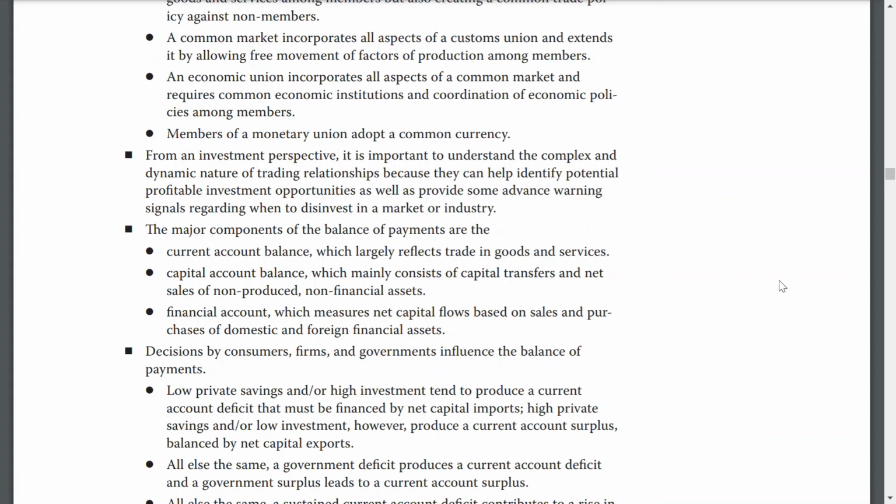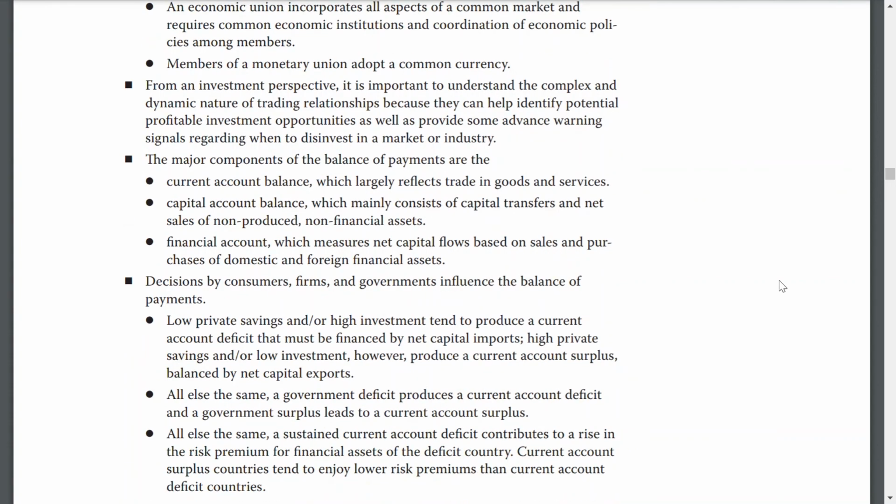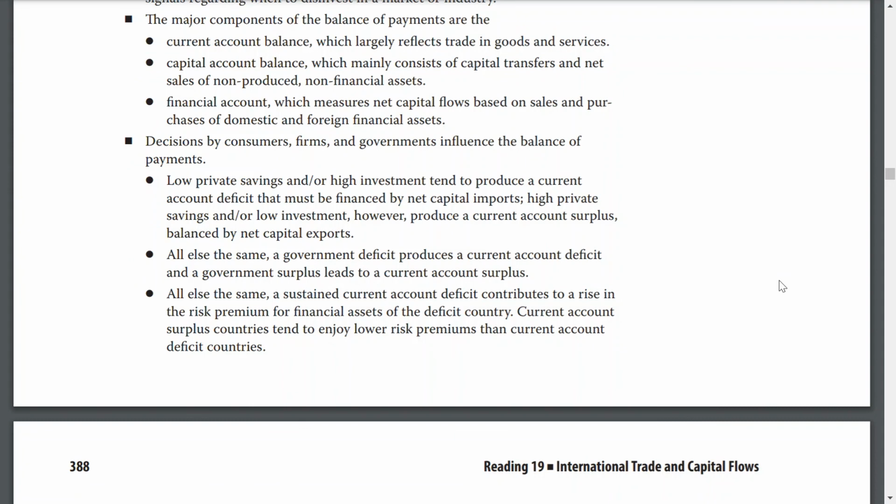The major components of the balance of payments are the current account balance, which largely reflects the trade in goods and services; the capital account balance, which mainly consists of capital transfers and net sales of non-produced, non-financial assets; and the financial account, which measures the net capital flows based on sales and purchases of domestic and foreign financial assets. Decisions by consumers, firms, and governments influence the balance of payments.